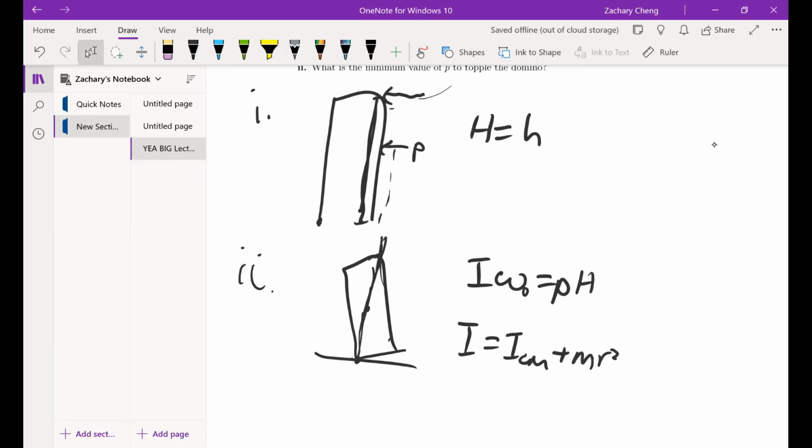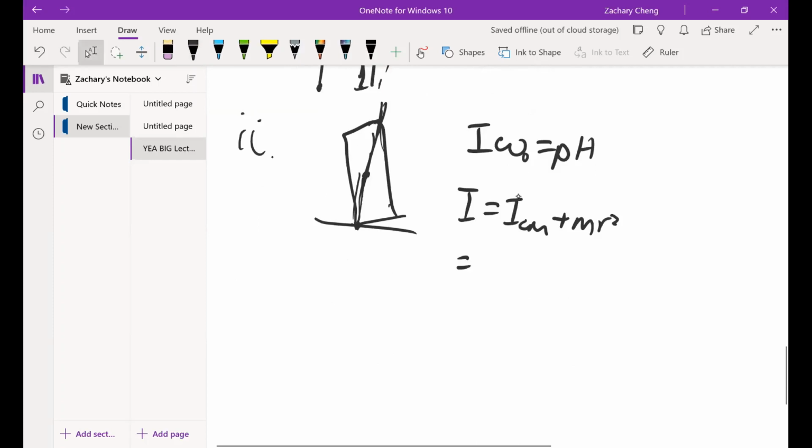So basically, if we were to take the axis through the center of the domino, then that would be I_CM. But since we're here, we have to add another MR squared, and that's just the parallel axis theorem. And this is I_CM plus M, and this R is equal to root of h squared plus d squared over 2. So when we square it, it's just h squared plus d squared over 4.